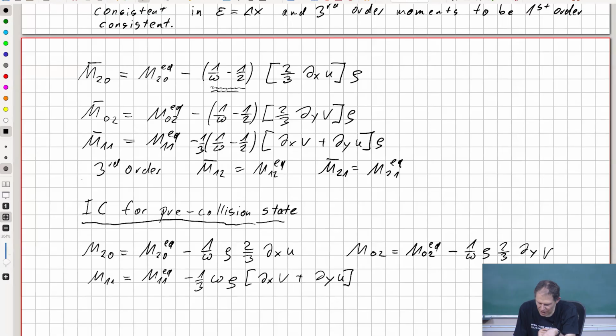Actually, from this information, is it enough to determine what the post-collision state would look like? Can anybody guess this?